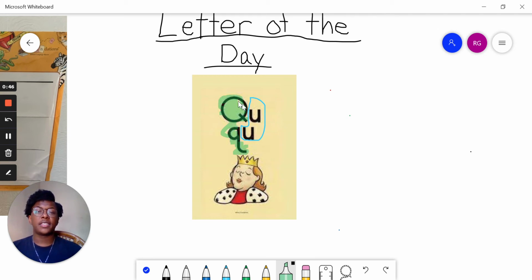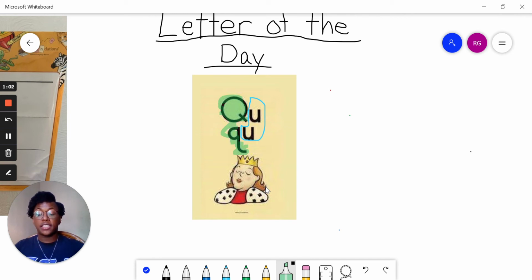The reason that you will always see a U after the letter Q is that honestly, Q doesn't want to be seen by itself. Q always wants to have its buddy U next to it.